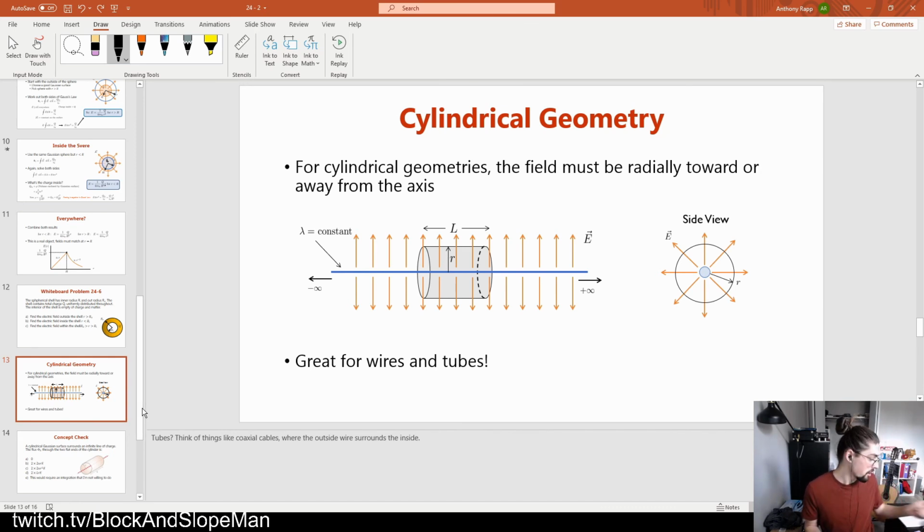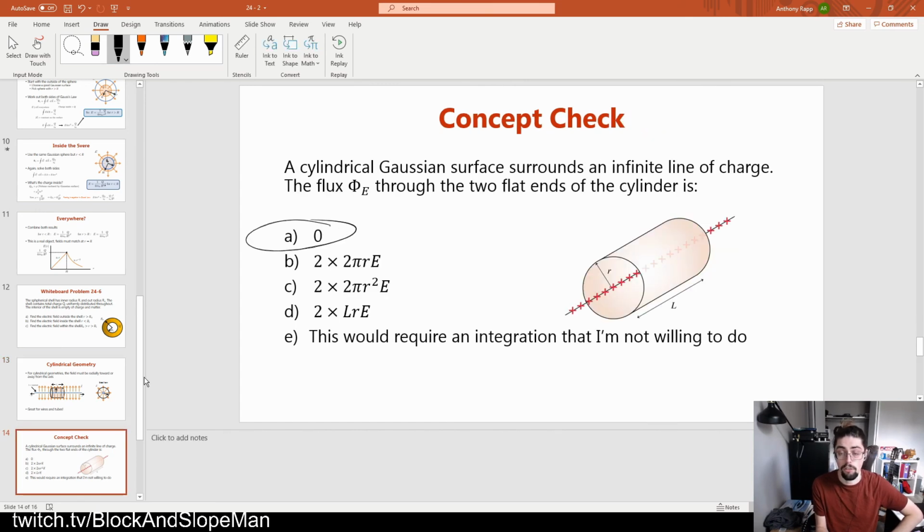Right? If I take any sort of a lid, so let's take this kind of poor lid. Here's my cap. My electric field looks like this. It doesn't actually pass through. Now, if I had a finite wire, stuff would change a little bit. But we're not going to talk about those too much because the geometry starts to get a little bit strange. So the answer for this one should be 0.